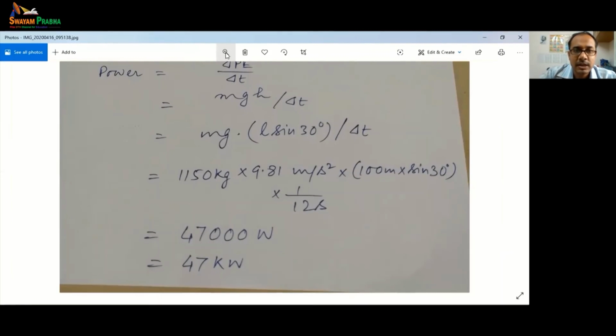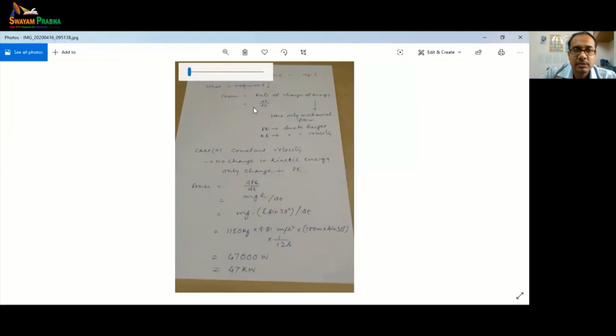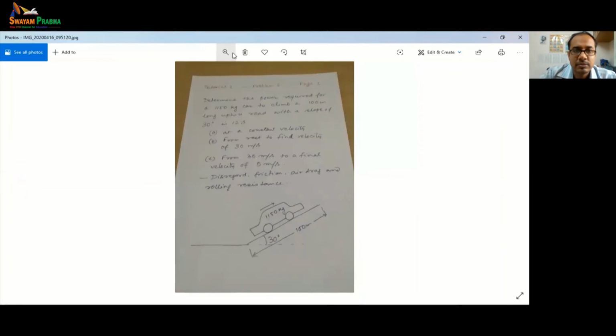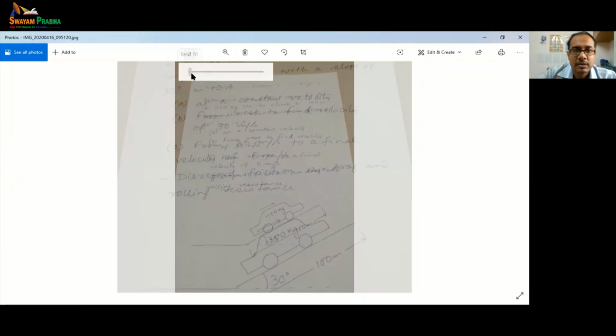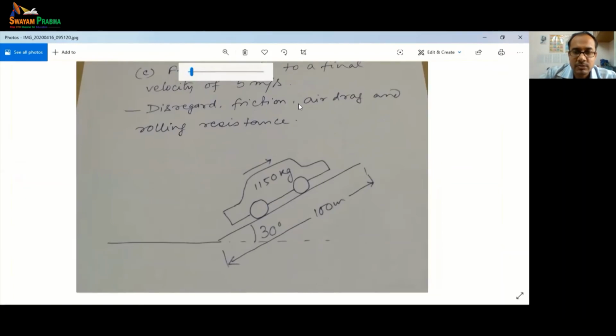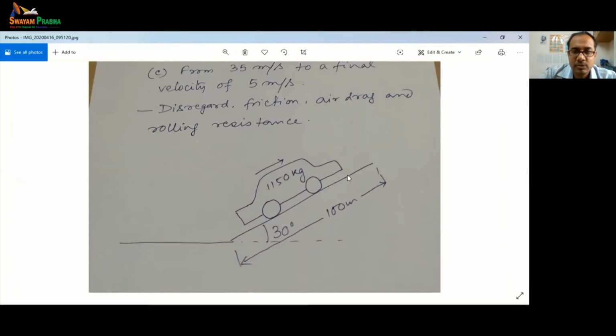Let's see the schematic picture again. The height is the length of the road times the sine of the inclination angle. Looking at the road here, this length is given to be 100 meters and this angle is 30 degrees. Please follow the mouse here.